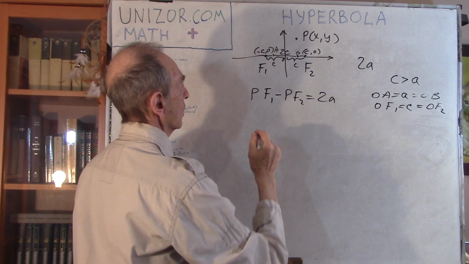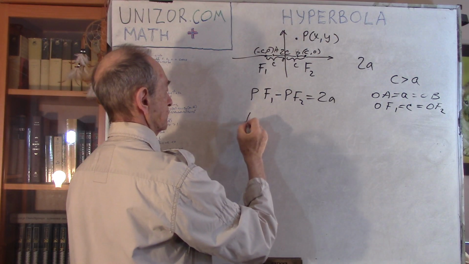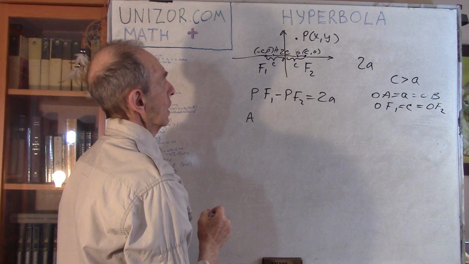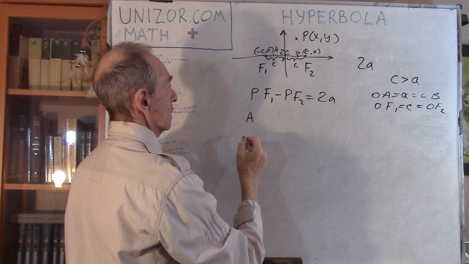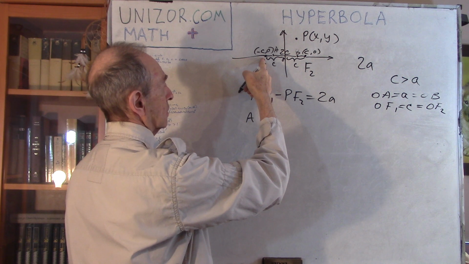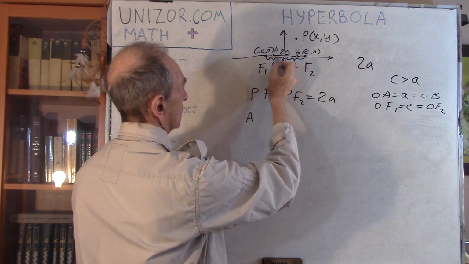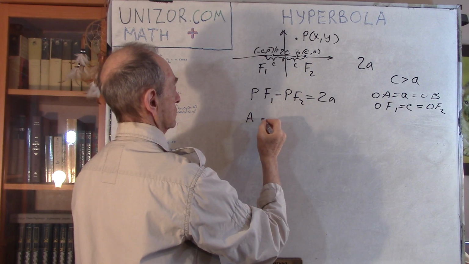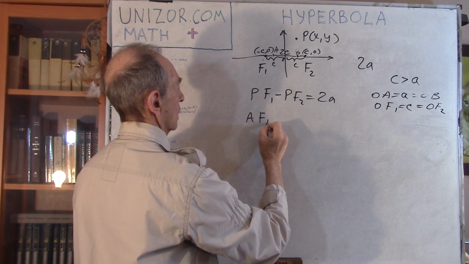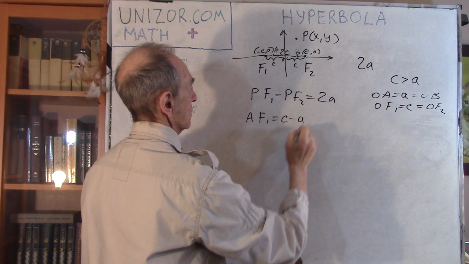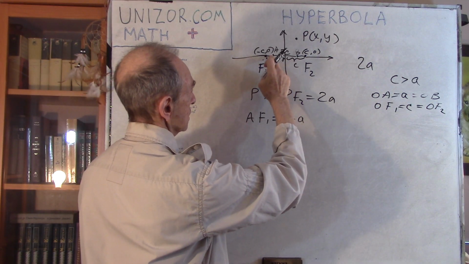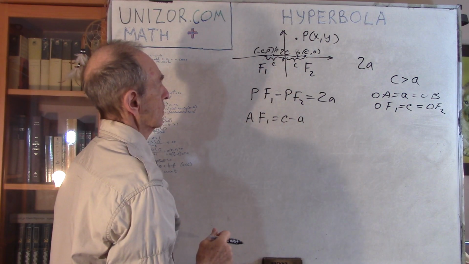Now, let's talk about point A. From point A to this particular focus, the distance is c minus a. So AF1 is equal to c minus a. Again, c is greater than a, so A is closer to the origin.